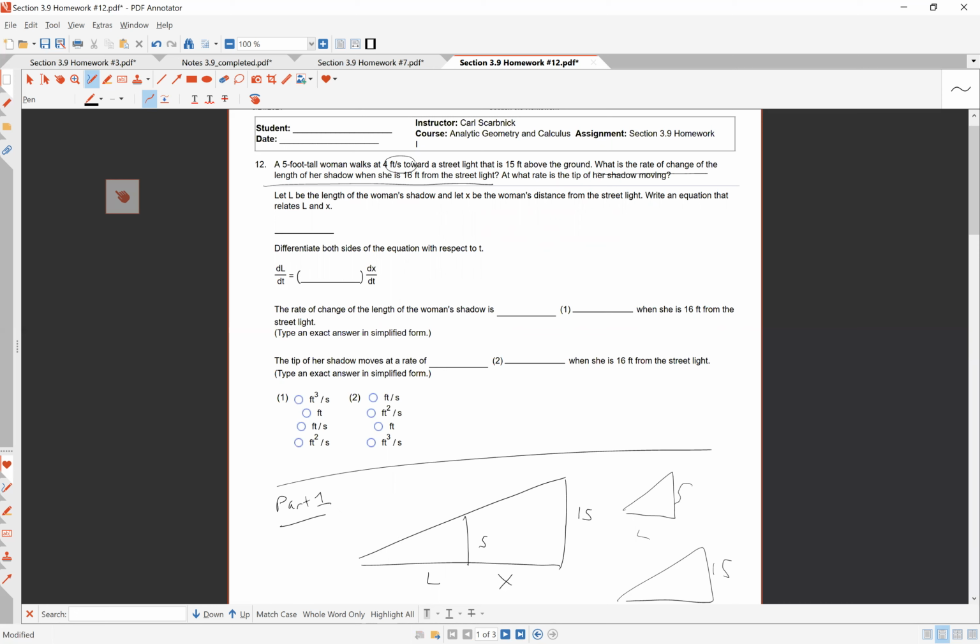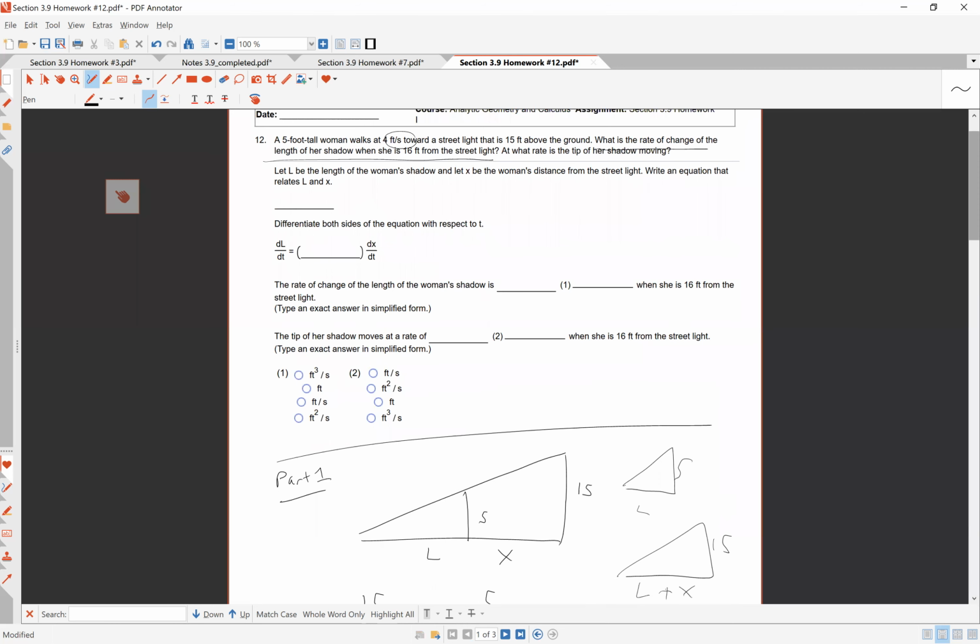And of course, it's really important that we draw that picture right there. So we're trying to find dL/dt, given that x is 16 and dx/dt is 4. So the last part here, we want to find dL/dt.